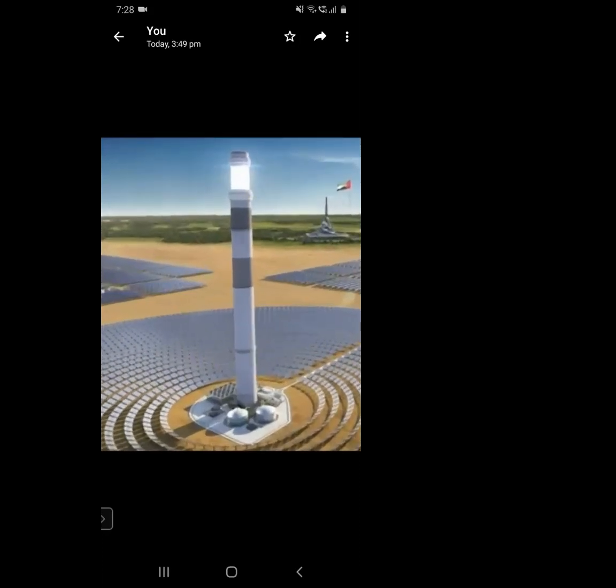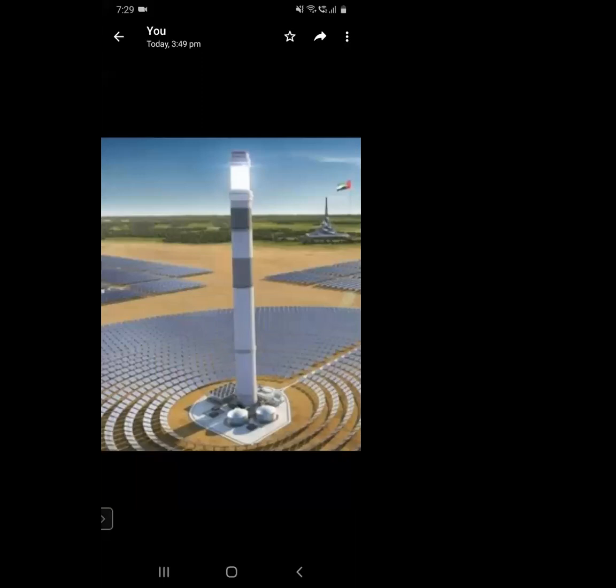And then there's fluid circulating within this shiny part of the tower, which is getting warmed up by the heat. That warm water is then used to move the turbines or the generators.